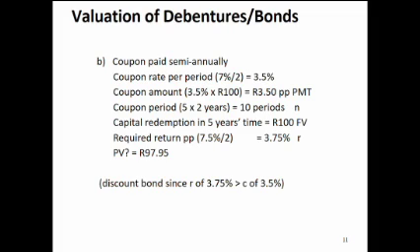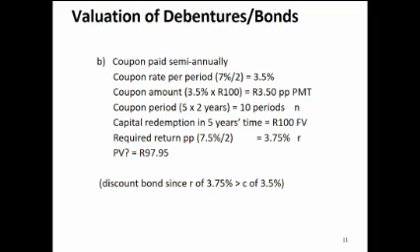Then we want to know what is our coupon amount, and we will calculate the coupon amount by taking the face value and multiplying it by the coupon rate. So this is the coupon amount per period, which is going to be R3.50. Then we have our coupon period. How many periods are there?